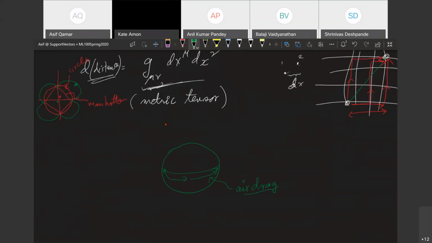So to overcome the air drag, you have to burn a lot of fuel, isn't it? But then you can go to higher altitude to reduce air drag. The trouble with going to higher altitudes beyond 33,000 feet in airplanes, for example, is that there is not enough air. So there is not enough air to even have a lift.